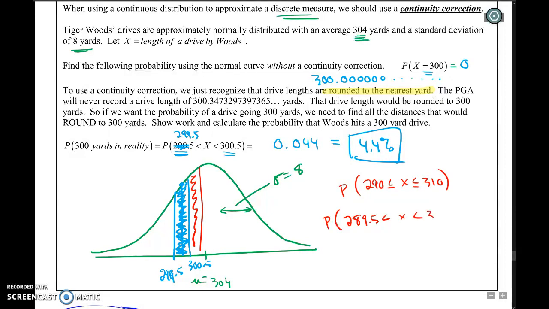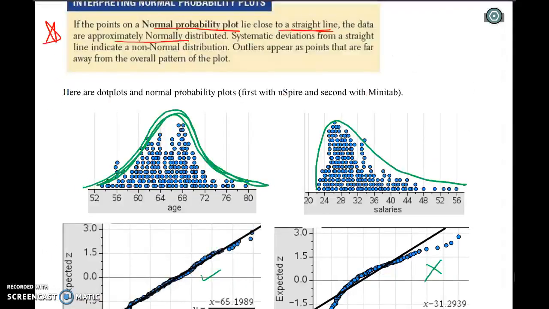Then I would round this one up. It just gives you a slightly more accurate, sensible estimate for whatever you're trying to calculate. Okay? Very easy. All right. Good luck.